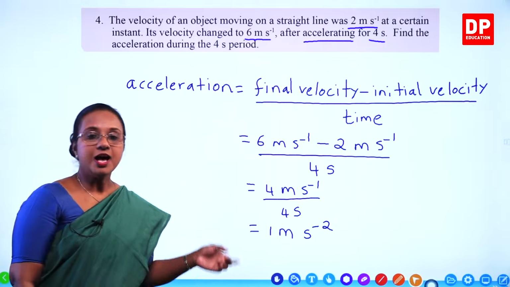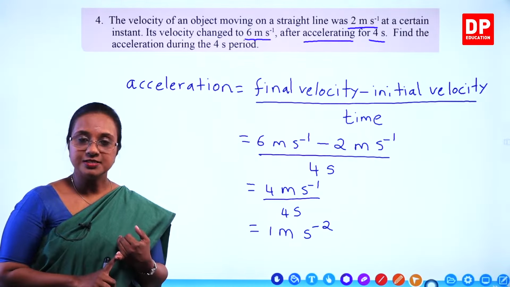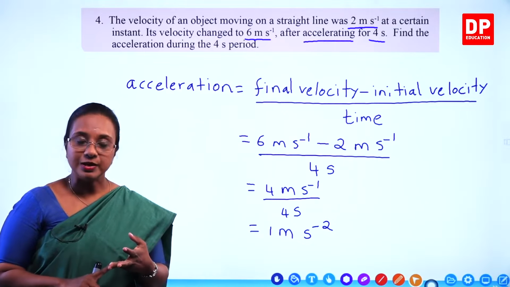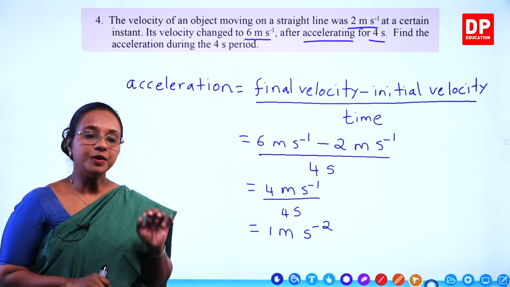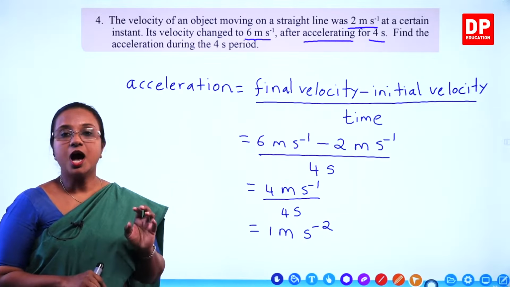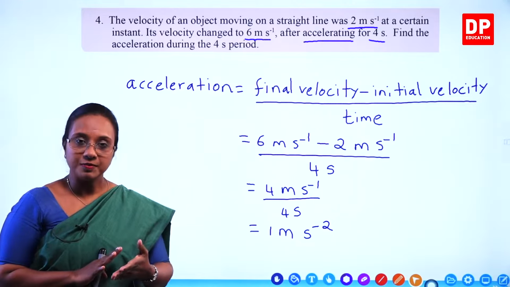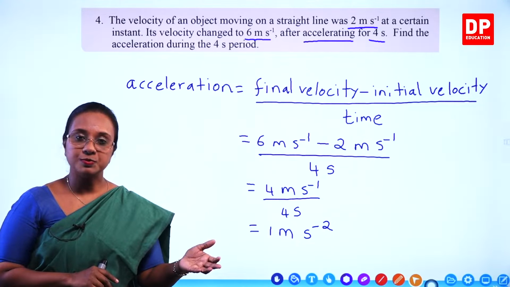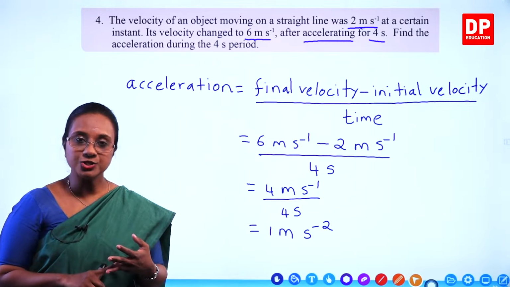So students, up to now we have discussed distance, displacement, speed, velocity and acceleration. I hope you all have understood how to calculate these values. Starting from distance, you come to speed. Starting from displacement, you calculate velocity.